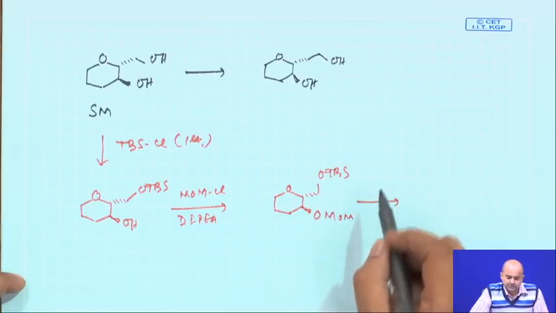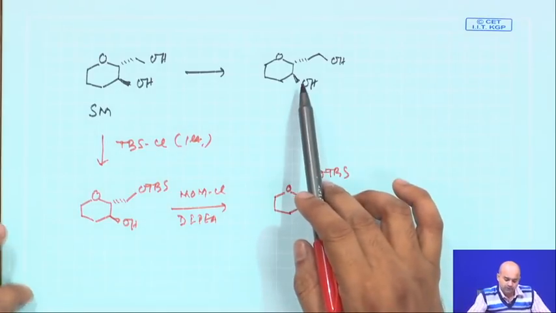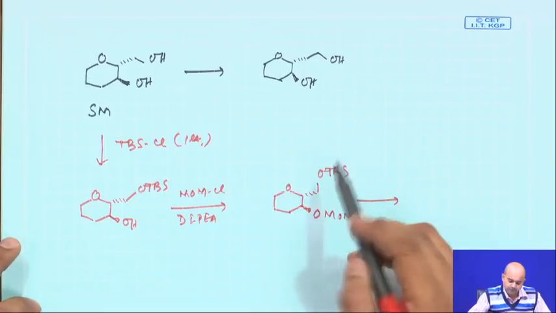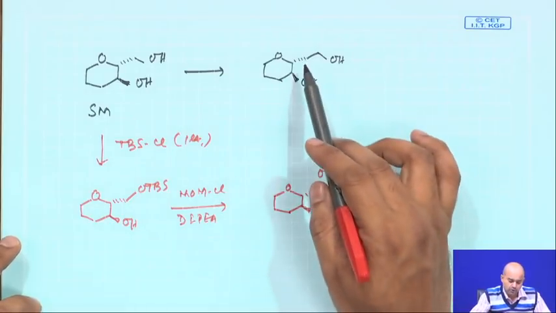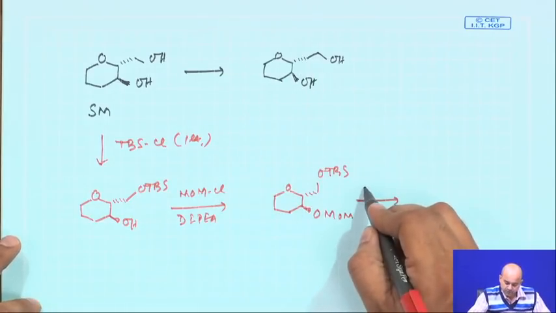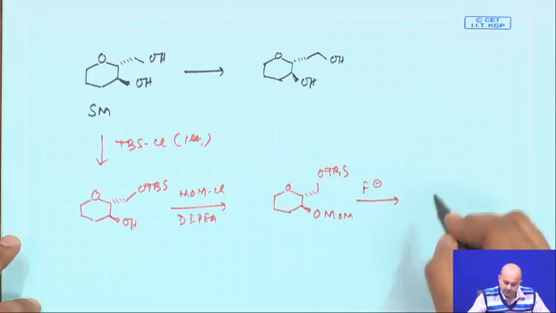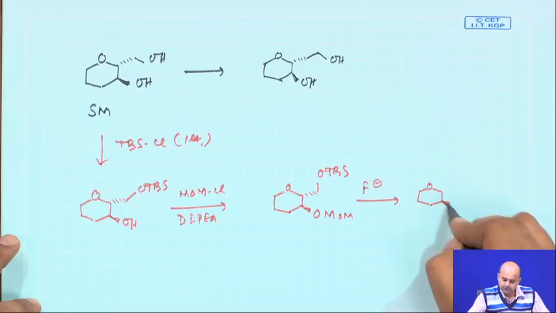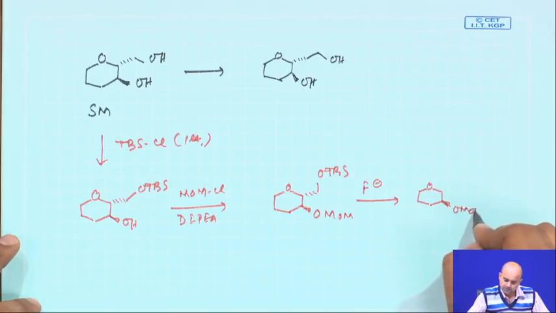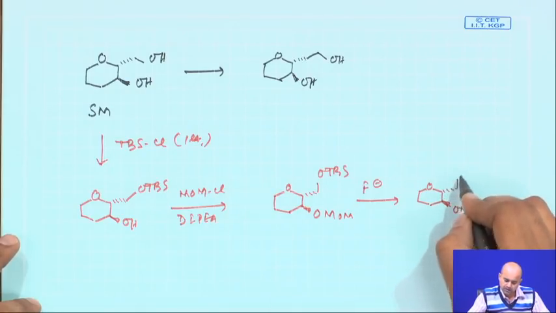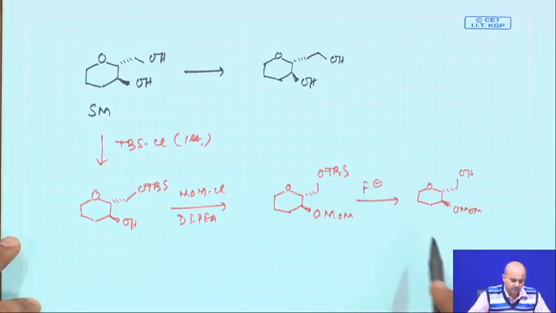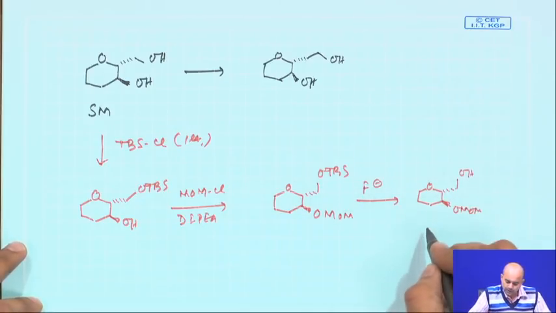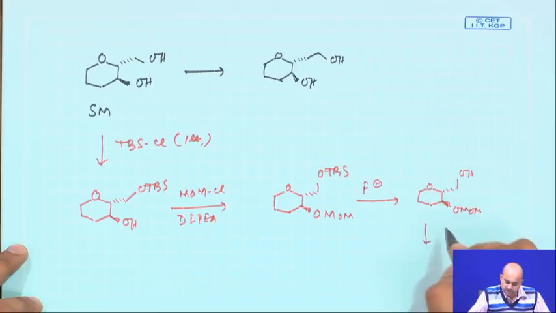Now, as the synthetic strategy requires, you need to deblock this particular TBS protecting group, as you need to have a FGI here. So, fluoride minus is the best thing, that will basically remove the silyl, and it will give you CH2OH. Now, as you need to do a 1 carbon extension, the best reaction is basically a hydroboration reaction.